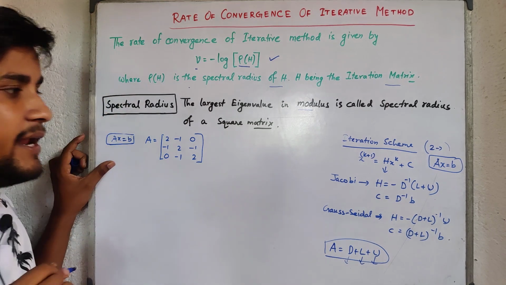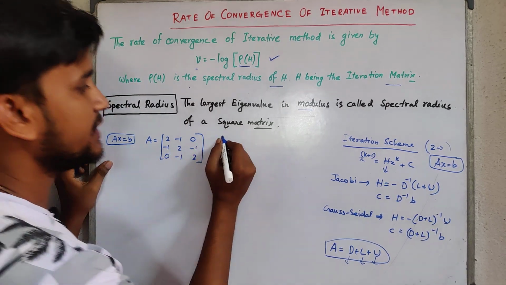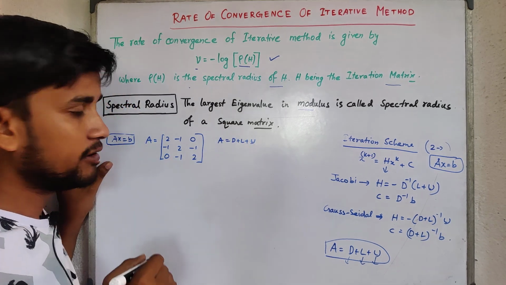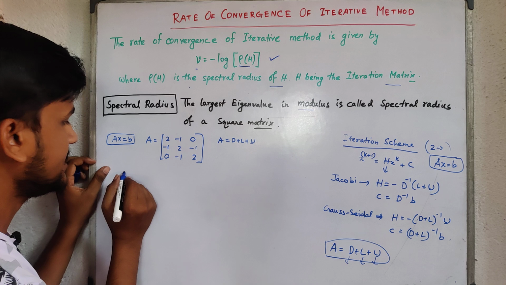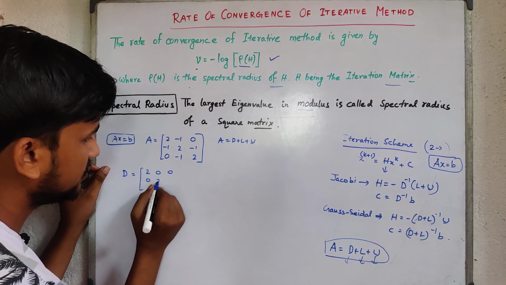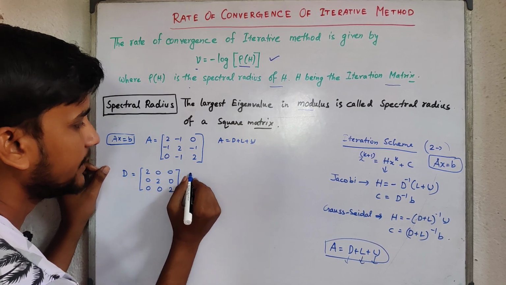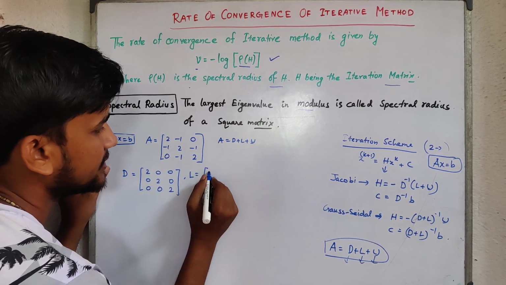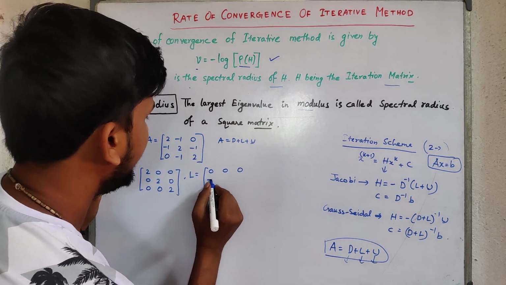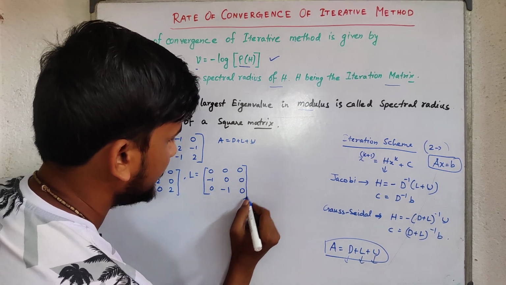Now we first write this matrix as A equal to D plus L plus U, where D is a diagonal matrix, so D equals 2 0 0, 0 2 0, and 0 0 2. Now L is the lower triangular matrix 0 0 0, -1 0 0, 0 -1 0. This is the L matrix.